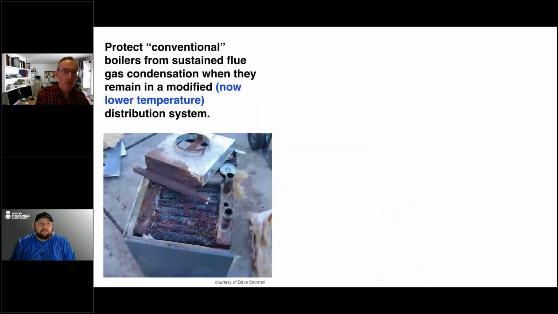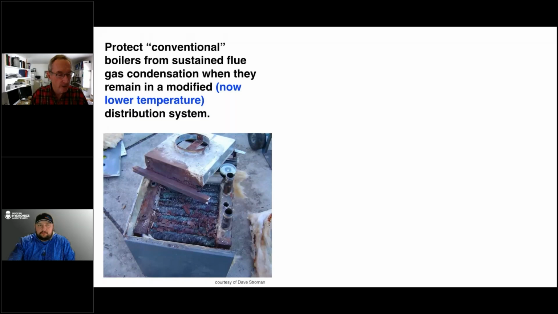Now, one of the things I do want to caution you about, if you're leaving a conventional boiler in the system and you're going to use this as backup, and by conventional, we mean a boiler that was not intended to operate with sustained flue gas condensation. And down below there, that's a copper fin tube boiler, and it was operated well below the dew point of the exhaust gases, and you could see major corrosion, not only inside the boiler, but the vent connector and so forth.